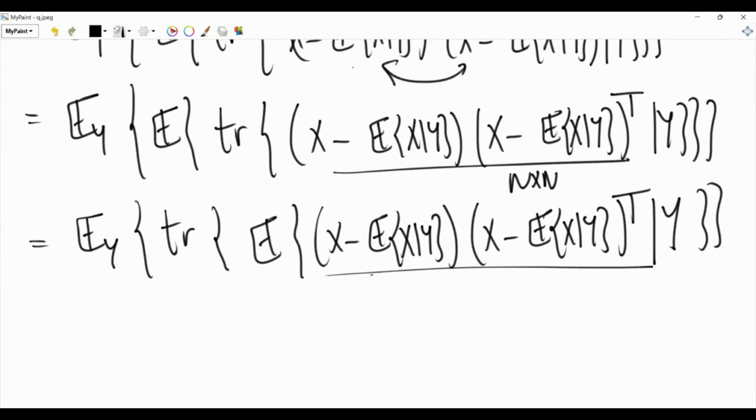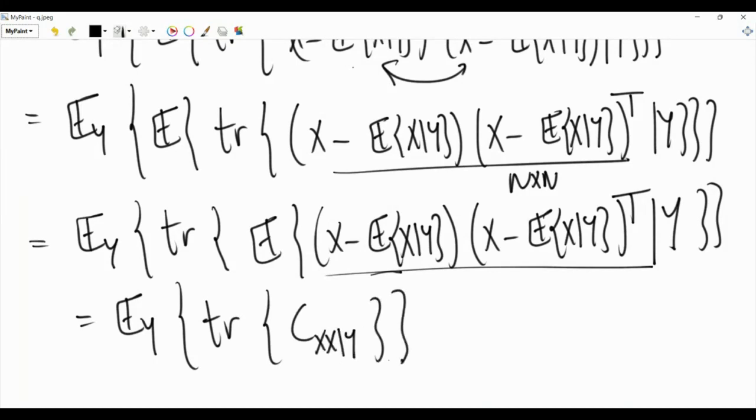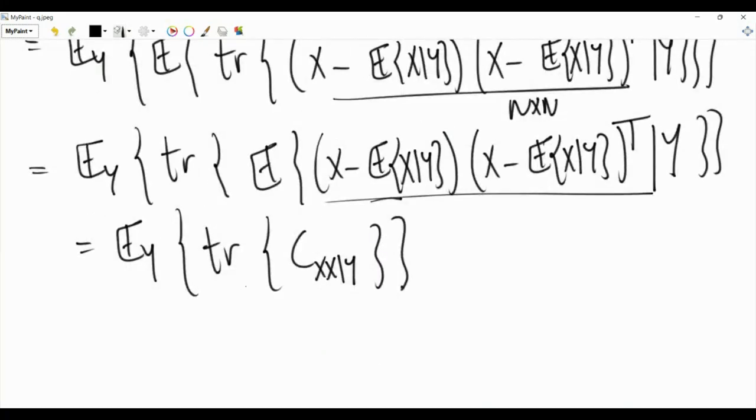So this is exactly what we have here: the matrix C_XX given Y. This is the expression that we wanted to derive. We compute the trace of this covariance matrix, which will be a function of the observations Y. We take the expectation finally with respect to the components of vector Y, from Y1 to Y big K.